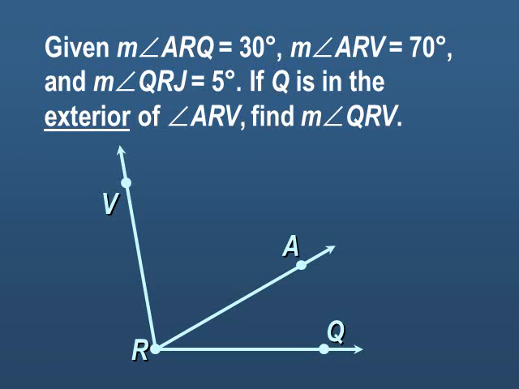The interior and the exterior, that's going to make all the difference on whether or not you get these problems correct or not is your drawing. The drawing makes or breaks you. So, if I have angle ARQ, and I have angle ARV, I'm going to add those together, and I'll find QRV.